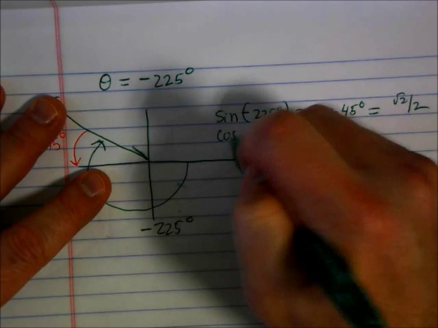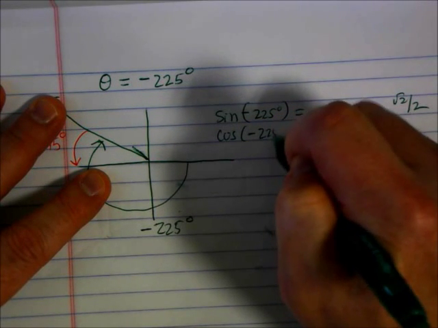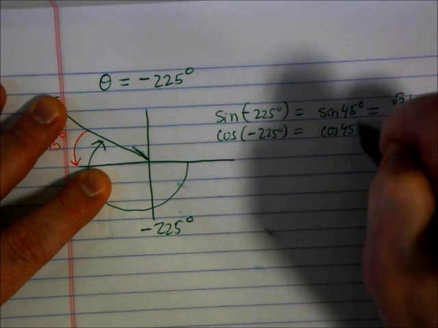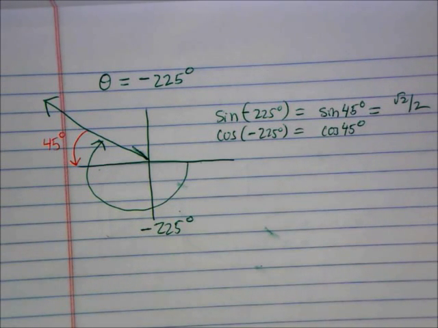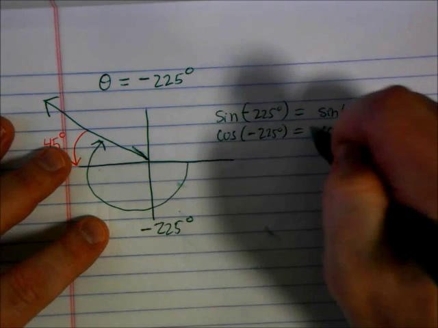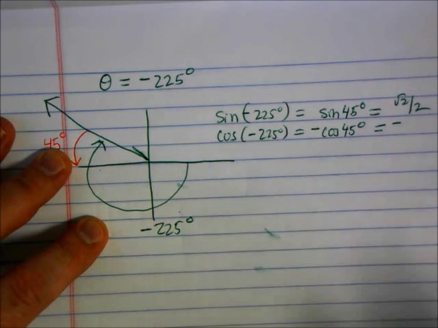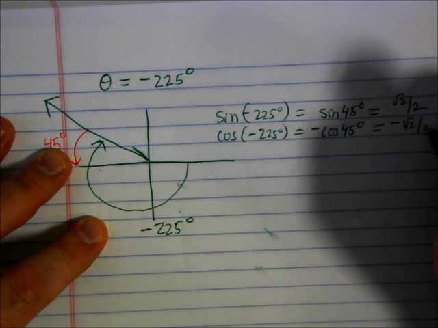Cosine of negative 225 degrees is the same as cosine of 45 degrees. Do I need a negative sign? Yes, because I'm in quadrant 2 and cosine is negative in quadrant number 2. That's negative cosine of 45, also square root of 2 over 2.